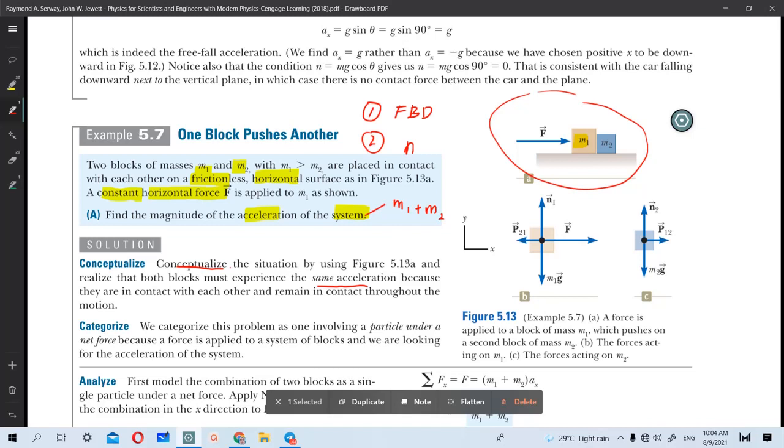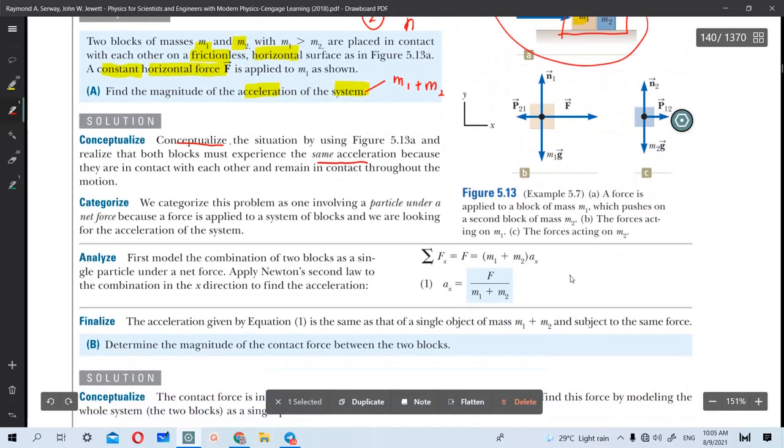Since we are looking at a system, the way we write the expression is that net force should be equivalent to ma. The generic expression from Newton's second law says that net force is equivalent to ma. However, since the question is asking for the system, we are to include both masses, M1 and M2. So that's the reason why the expression turned into such.